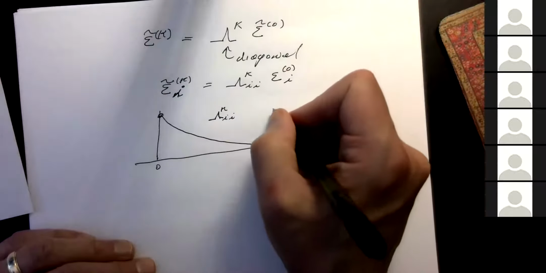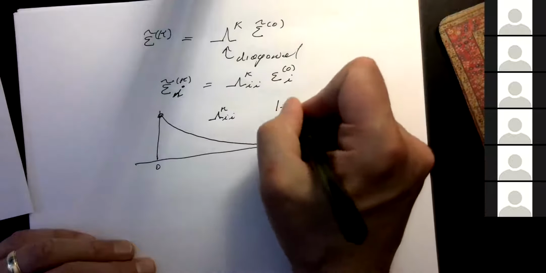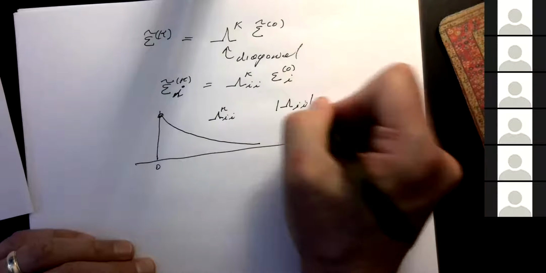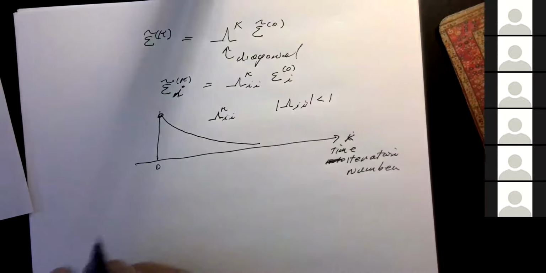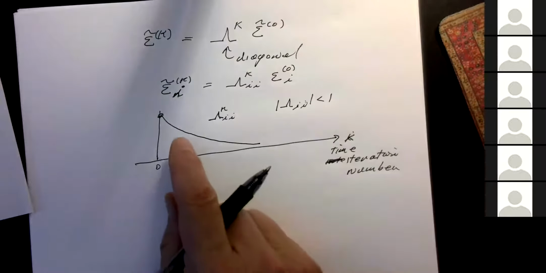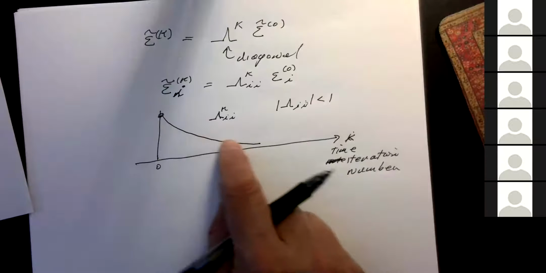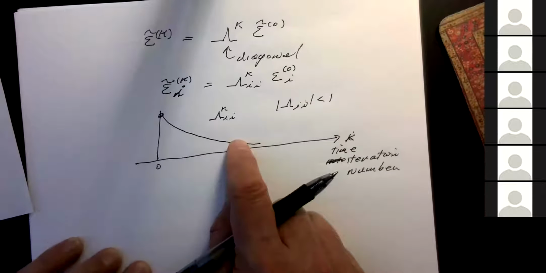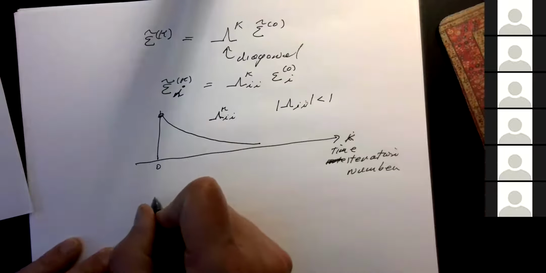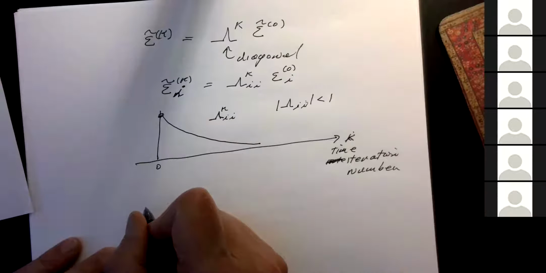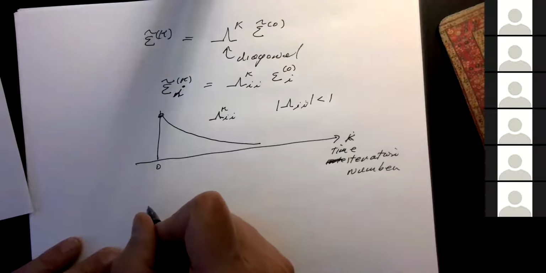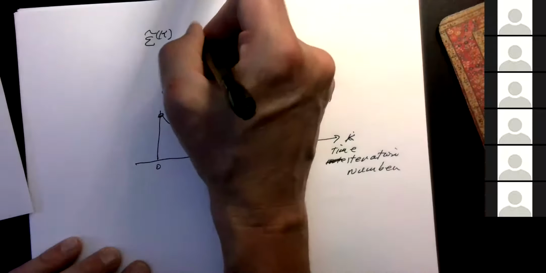Now, it's only going to decay if the factor is less than 1. If it's greater than 1, then this is actually going to blow up. But it'll decay if it's less than 1. So what's the factor? Oh, hold on for a second. You guys have got to stop letting me do stupid things.